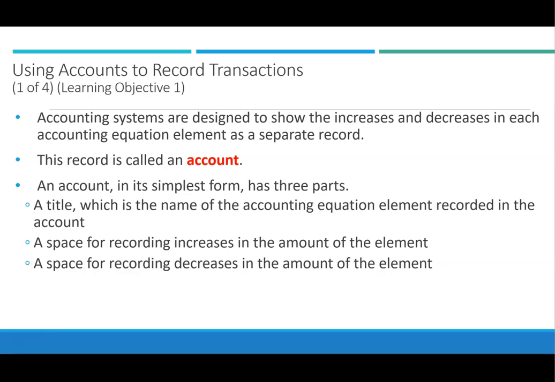All of those are accounts. In its simplest manner, accounts have a title, and there's a space for recording increases in an account and a space for recording decreases in an account.